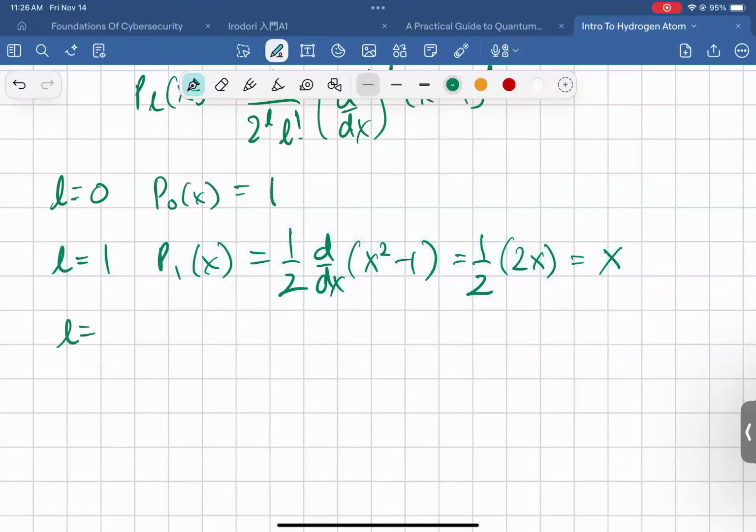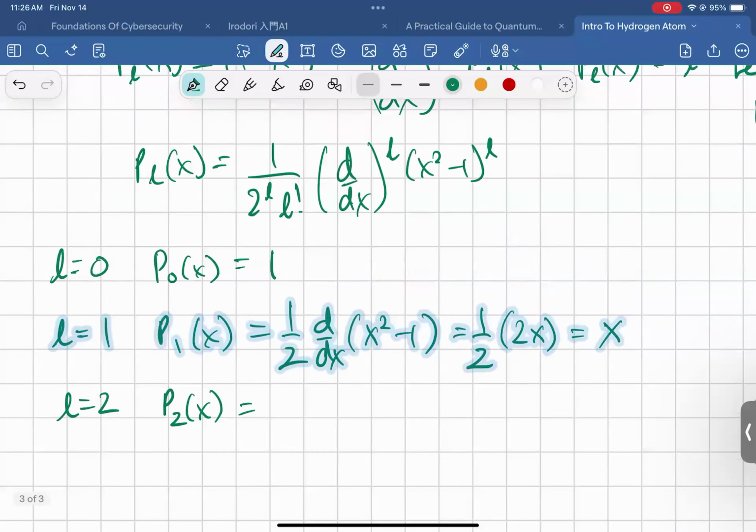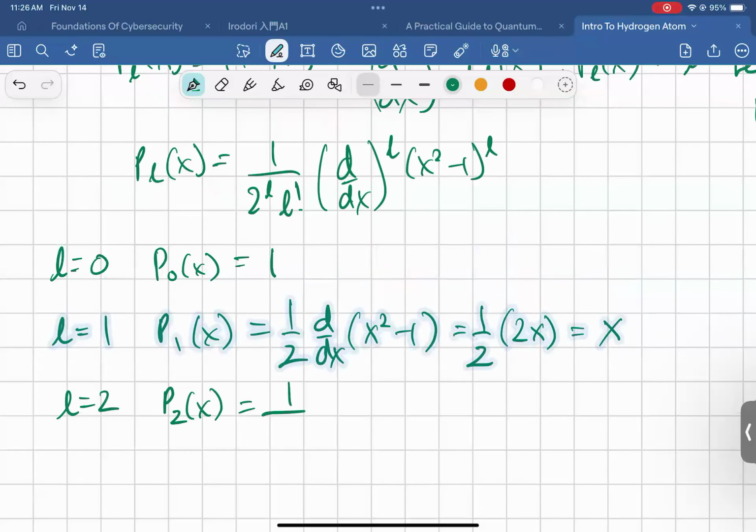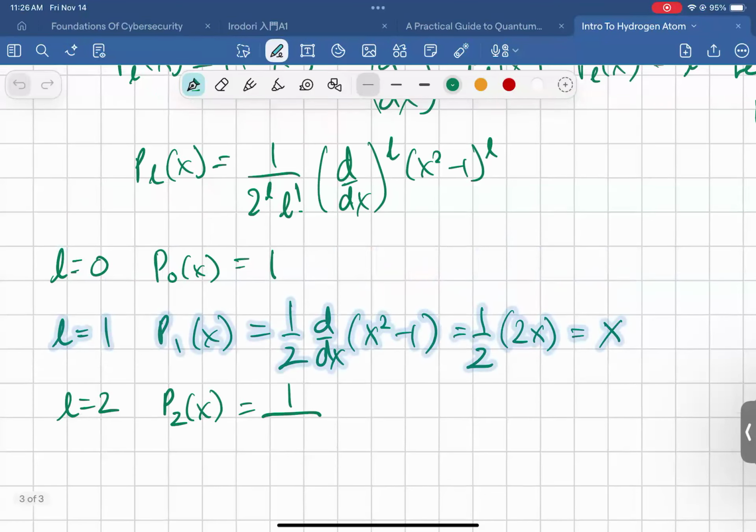Let's say L equals 2, P2 of x equals. So 1 over 2 squared, which is 4 times 2 factorial. Anong 2 factorial? So that's 2, so that's 1 over 8. Diba? 2 squared times 2 is 8, so 1 over 8.